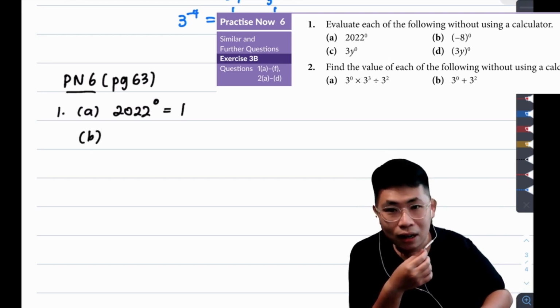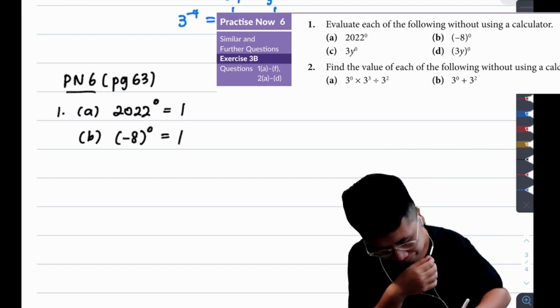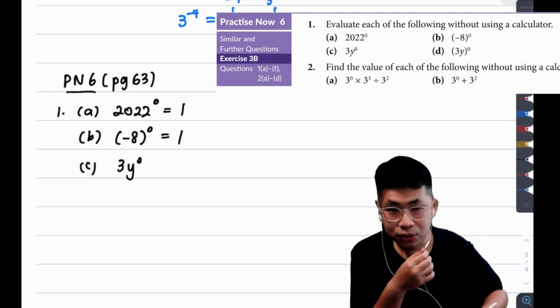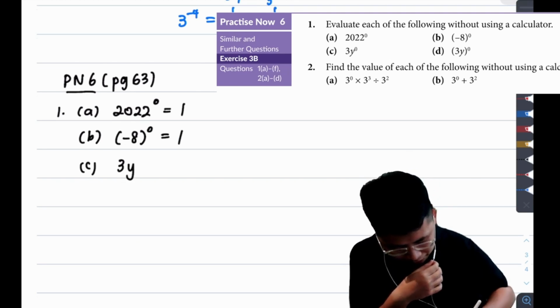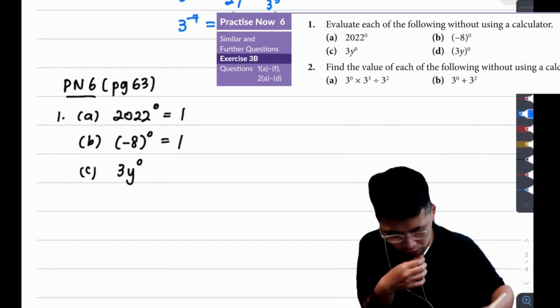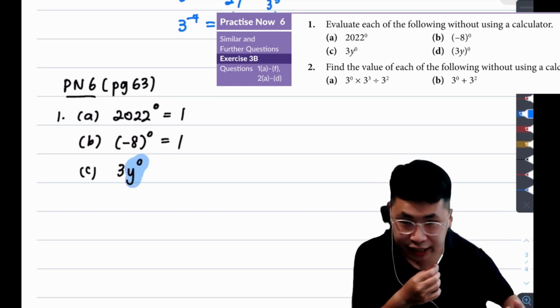Okay, B, negative 8 to the power of 0 is also 1, right? C, okay, 3 and y to the power of 0, alright. This one we have to be a little bit careful. If you take a closer look, this power of 0 belongs to y only, and not 3.